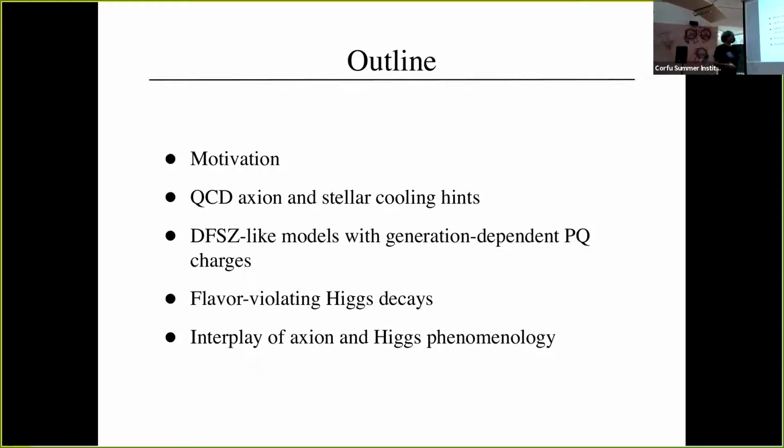So it's kind of a generalization of standard axion models. Then I will discuss in this setup Higgs phenomenology, including sizable flavor-violating Higgs decays. And finally, I will show that there is an interesting connection between the phenomenology of axion and Higgs.